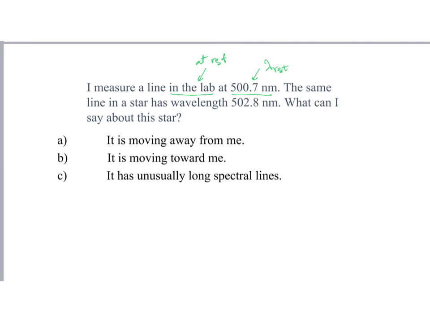And now the same line in a star, the same line from the same atom or material, has a wavelength that is observed, or moving, greater than the one at rest.